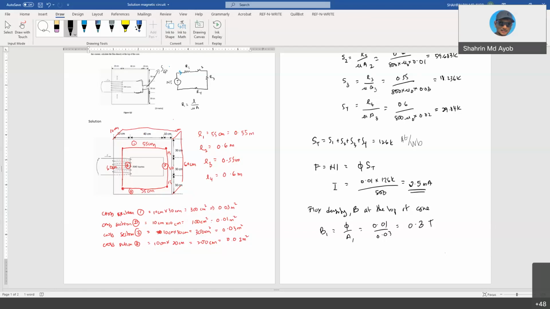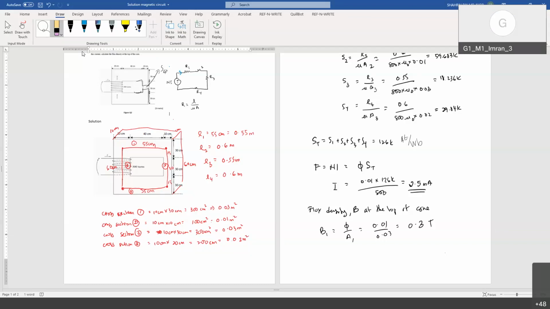Doctor, when I calculated back the current, I got 2.52 ampere, not milliamp.